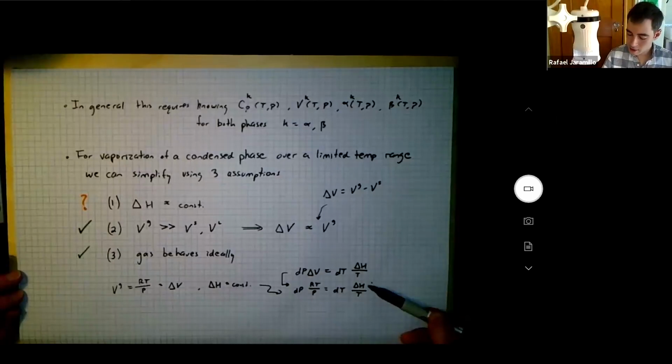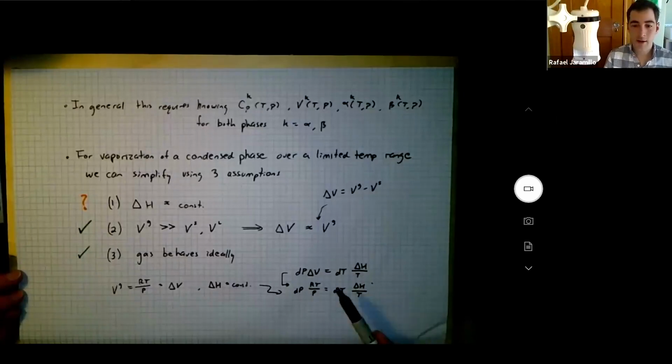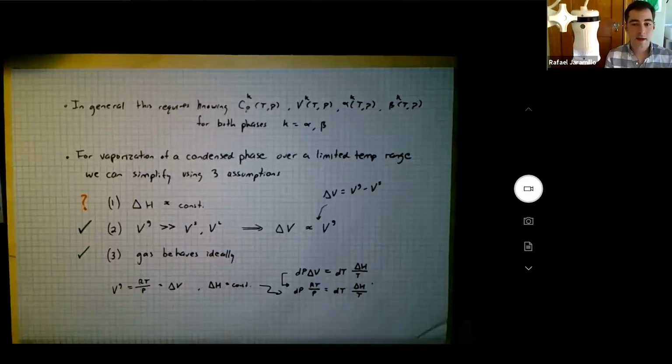We have temperature on both sides, so it's separable. I can take this temperature over here, so I'm going to have dT over T squared on the right-hand side with a constant factor, and on the left-hand side I'm going to have dP over P with a constant factor. So this is now a separable and easy differential equation to solve. And as you can see already, you're going to get logarithms from the dP over P term.